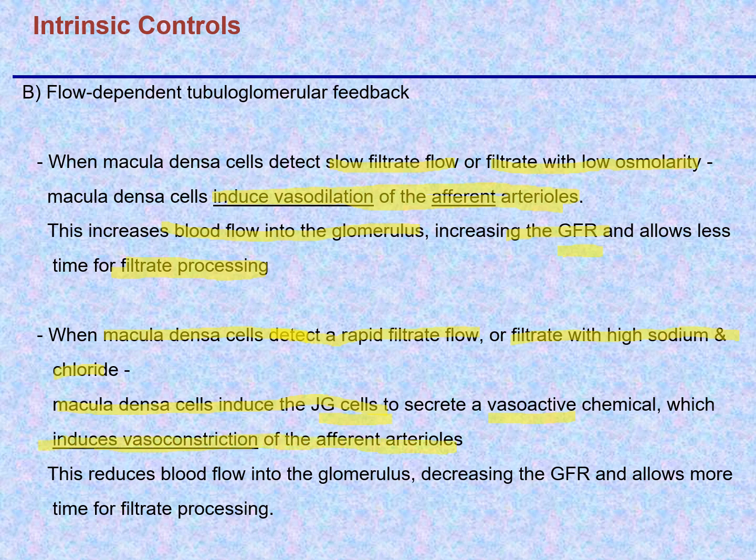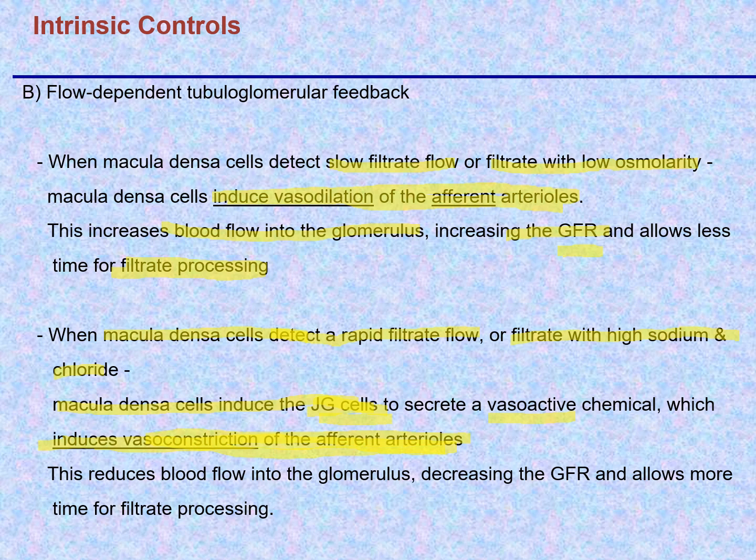So with slow filtration flow, you have too low a GFR, and the macula densa cells can trigger a vasodilation of the afferent arteriole, causing more flow of blood in. Or if the GFR is too high and there's lots of filtrate flow, then the macula densa cells can cause the juxtaglomerular cells to release a compound that causes vasoconstriction of the afferent arterioles.